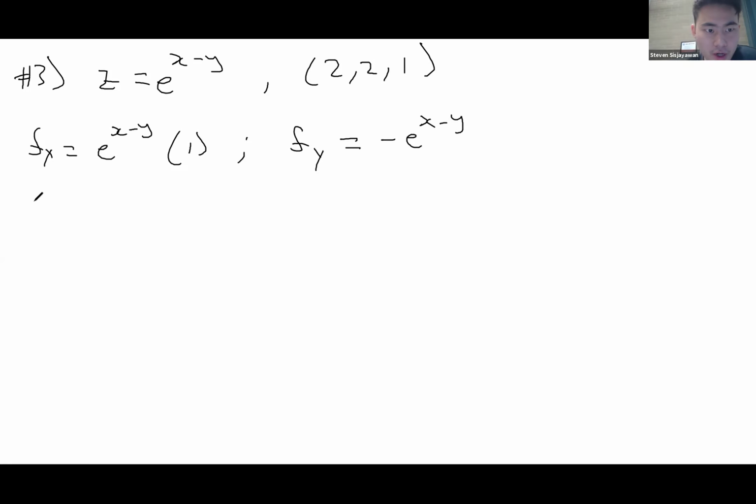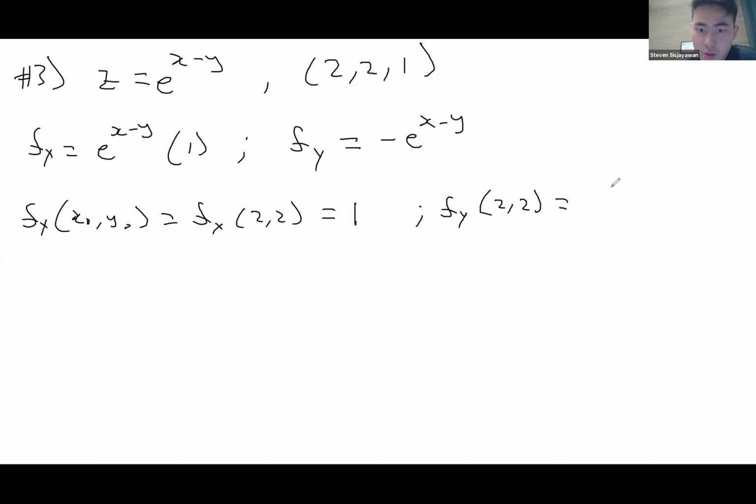And then we have fx of x naught, y naught is equal to fx of 2, 2, which is the same thing as e to the power of 0, which is just 1. And then fy of 2, 2 is going to be the same thing as negative 1.